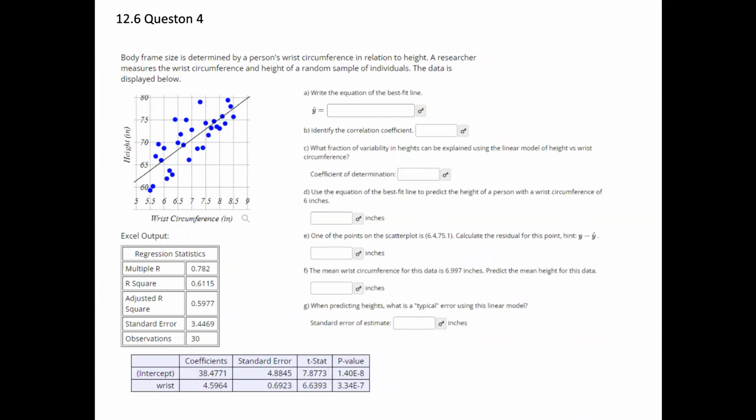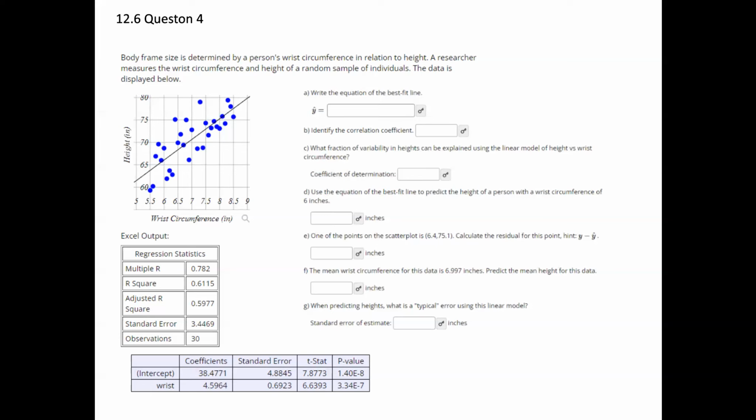Body frame size is determined by a person's wrist circumference in relation to height. A researcher measures the wrist circumference and height of a random sample of individuals. The data is displayed below. So we have a scatter plot of wrist circumference versus height.